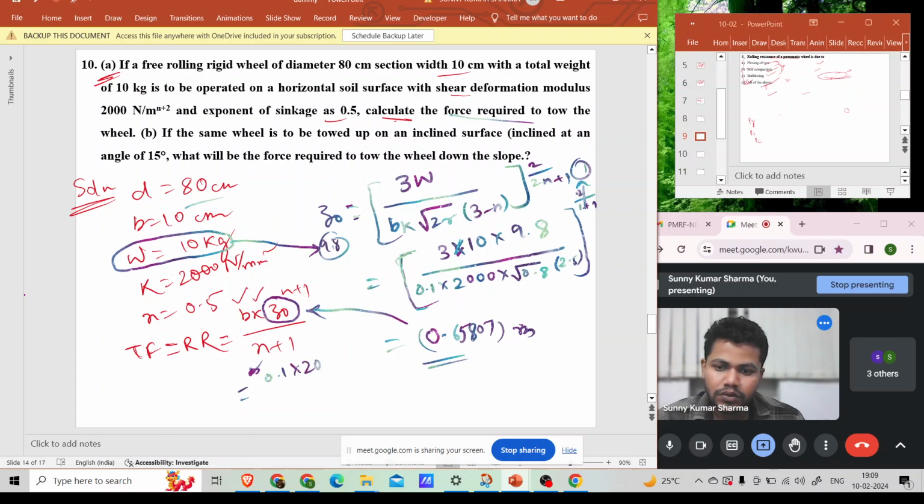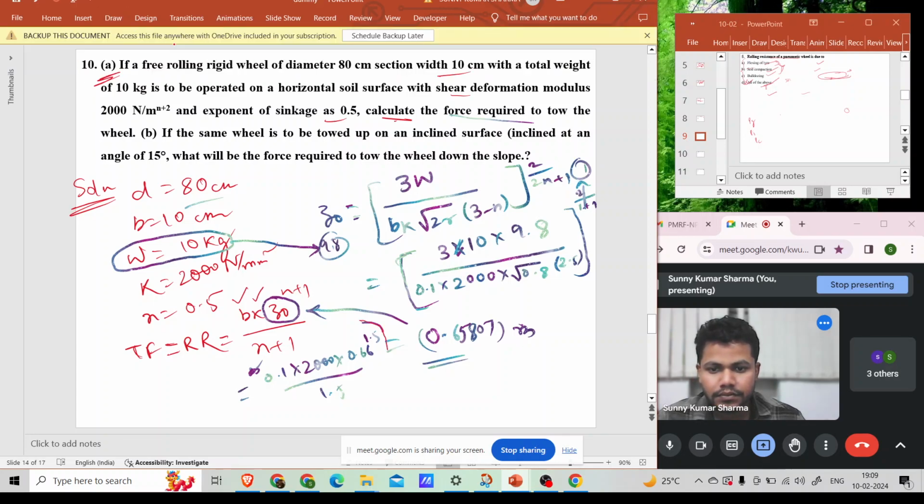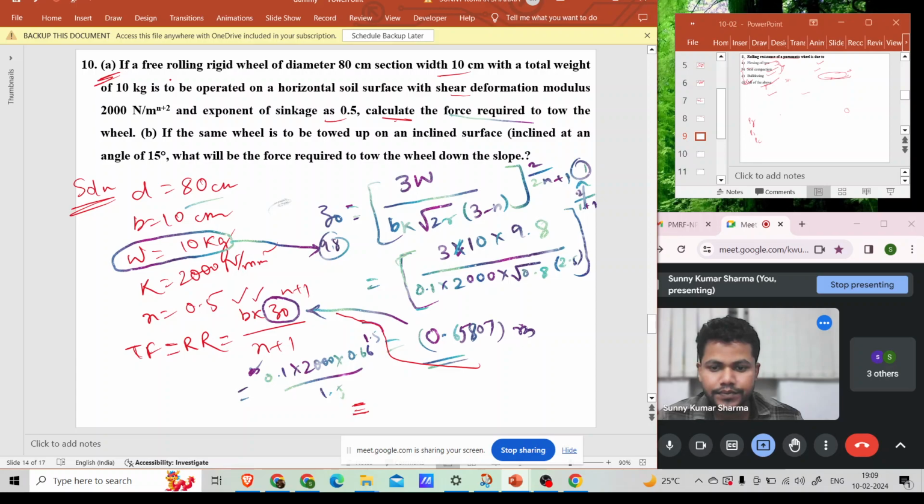0.1 into 2000 into this Z0, 0.66 approximately, to the power 1.5, divided by 1.5. This will come in Newton.